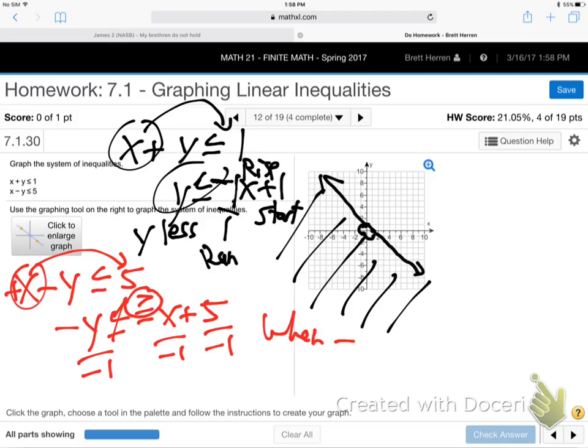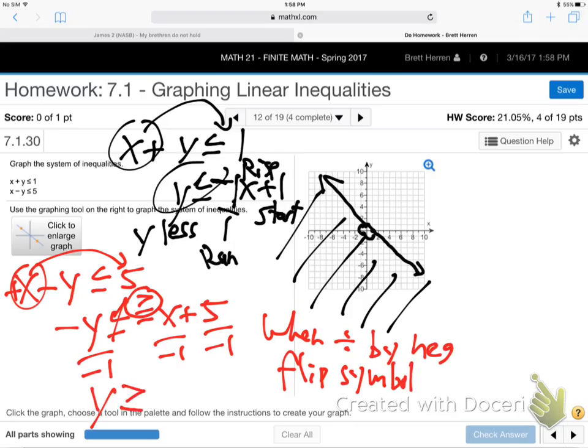So when you divide by negative, you flip the symbol. So in the end, we've got y greater than or equal to x over negative 1, and positive over negative is negative 5, huh? Everybody see how all those signs changed?